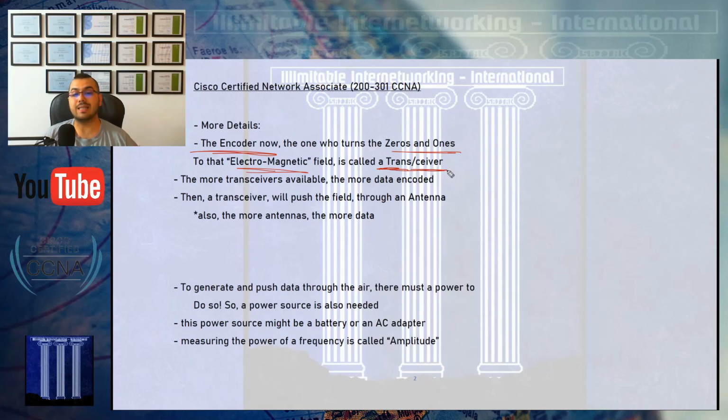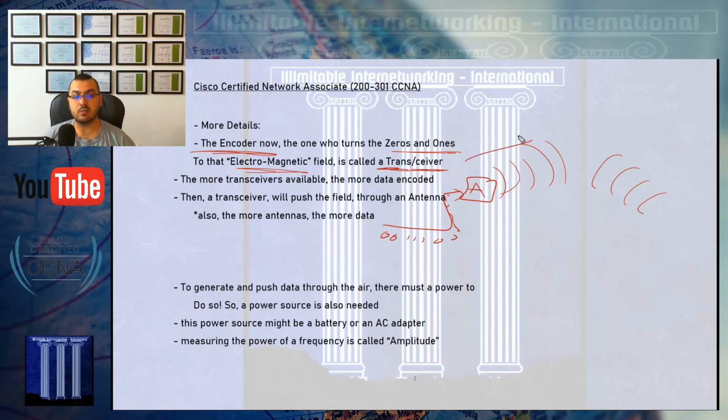So let's call it a transceiver, and it's called a transceiver, you will never see it under another name. It's called a transceiver because at point A, it's taking all the zeros and ones in a cable, and it's encoding them to become a wireless electromagnetic field in the air.